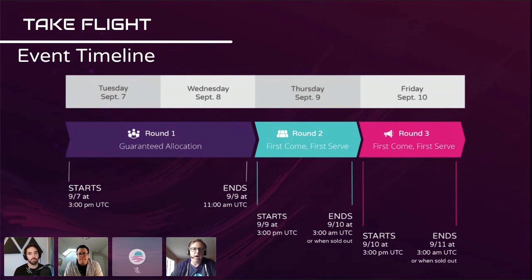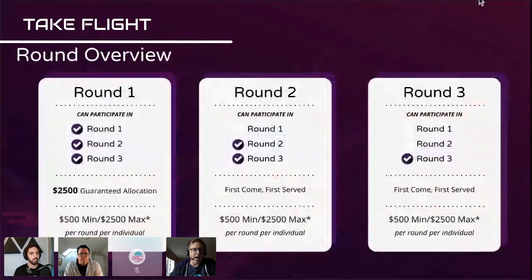As you can see, the second round gets started on the 9th at 3 p.m. UTC and runs until the 10th at 3 a.m. UTC. And then lastly, the third round, the 10th at 3 p.m. UTC until the 11th at 3 a.m. UTC.